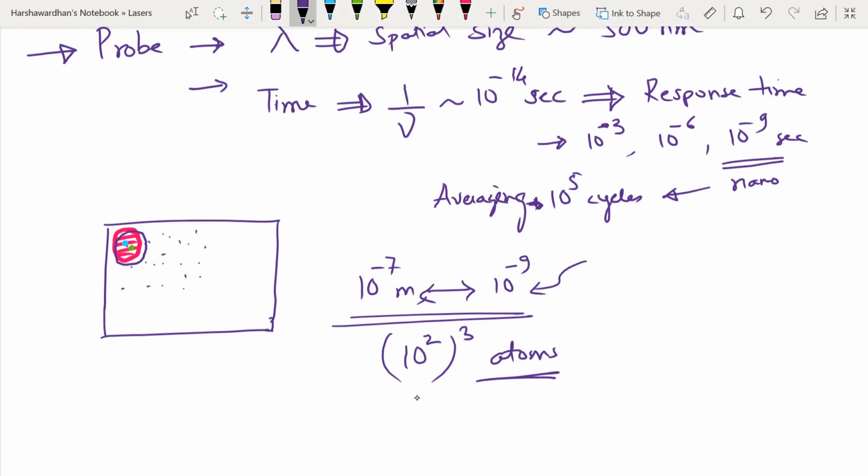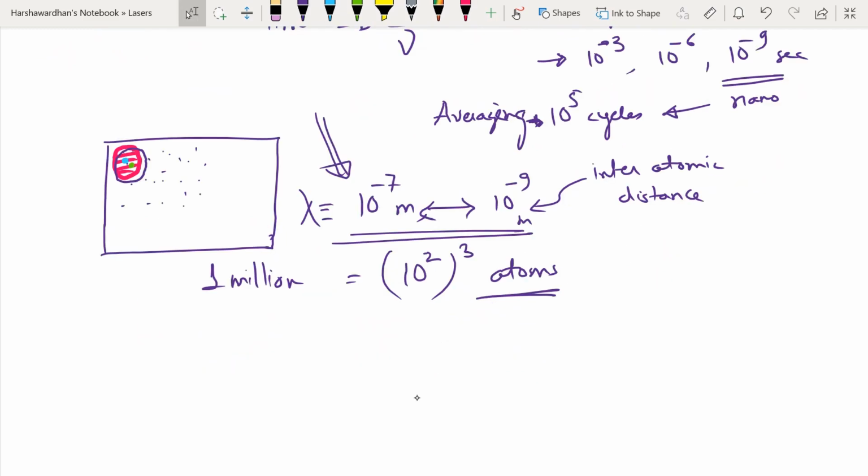The interatomic distance in 3 dimensions is going to give me about 1 million atoms. So for a probe with optical wavelength, I am clearly averaging these electric and magnetic fields over a million atoms.